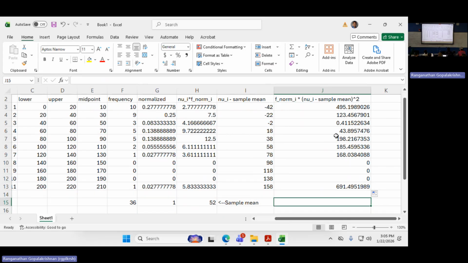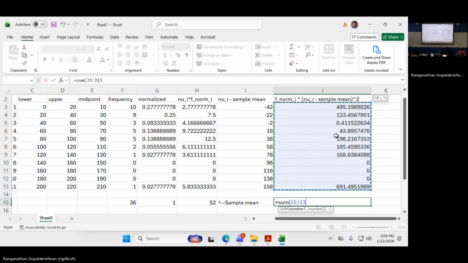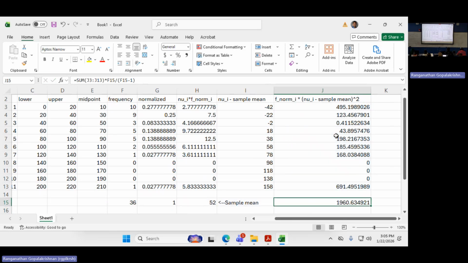All right. So I need to sum this and multiply by n, which is 36, and divide by n minus 1, which is 36 minus 1.